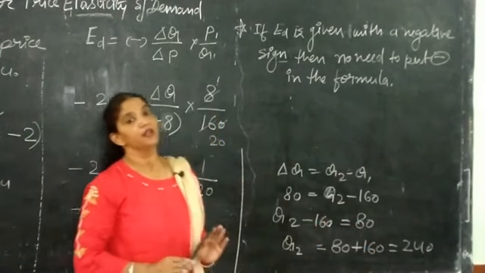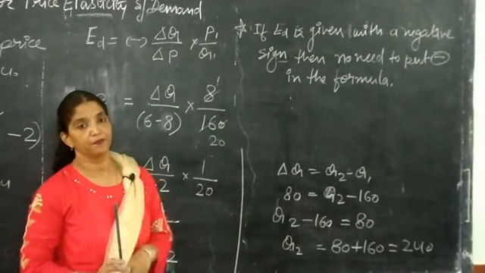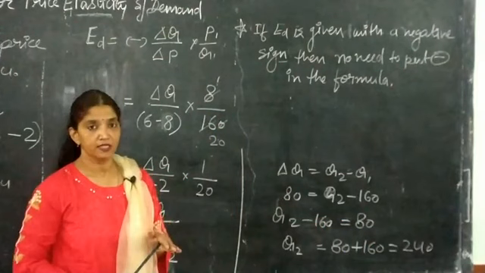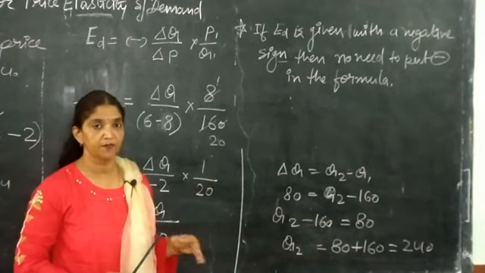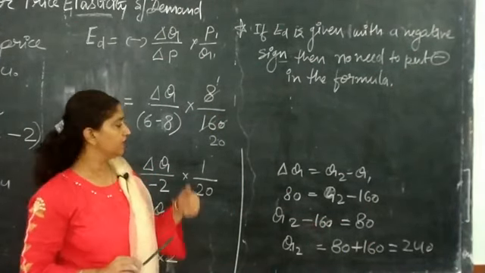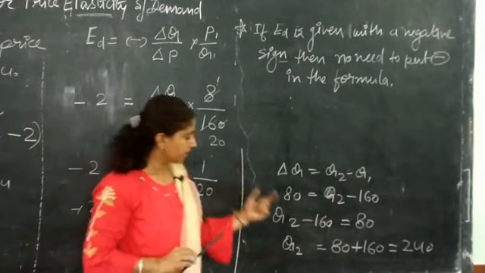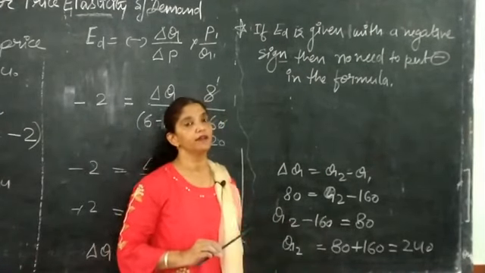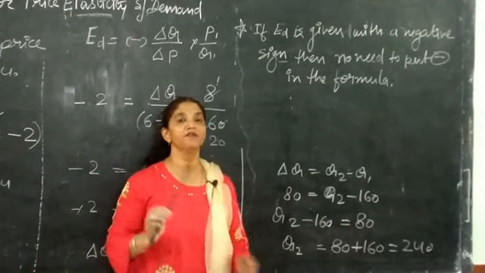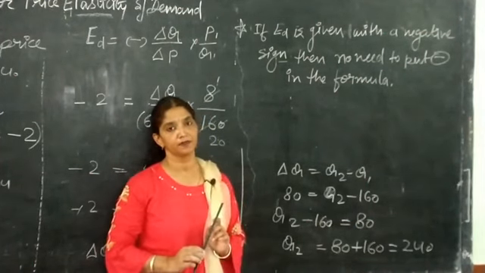It means if the price falls to rupees 6 from rupees 8, the quantity demanded will increase to 240 units from 160 units.